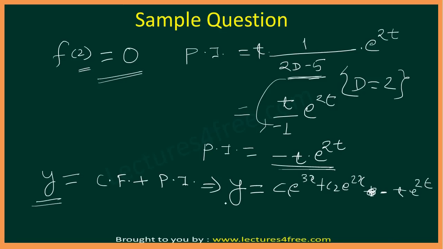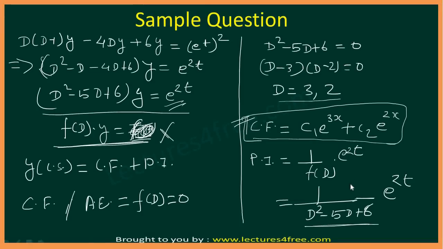Okay, so you got the answer, but here you have to see, we have made one mistake here. What mistake? Here you will not get x, because now you are solving the function in terms of y and t.